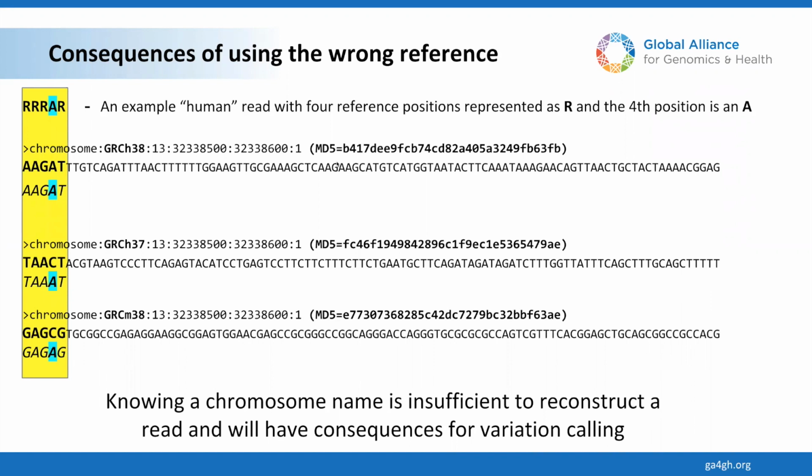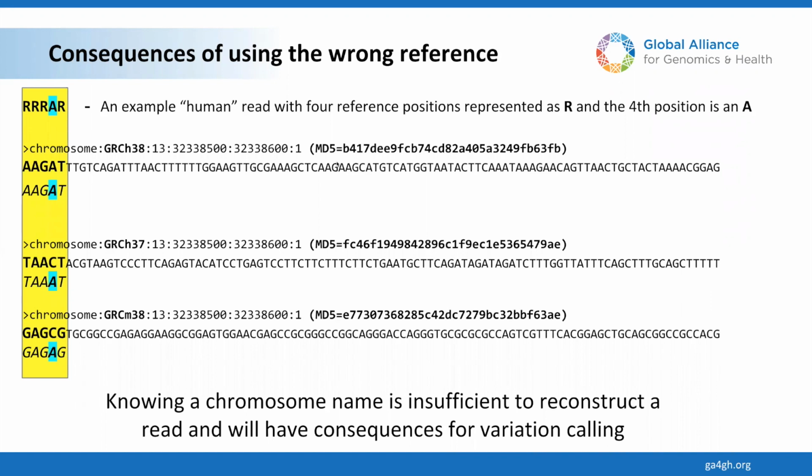And I just want to highlight the exact same regions here in this left-hand column, and you can see in the first example from GRCh38 that the compressed read reads as AAGAT, which is identical to the reference sequence. That suggests that this is the wrong genome to be using for this reference sequence.